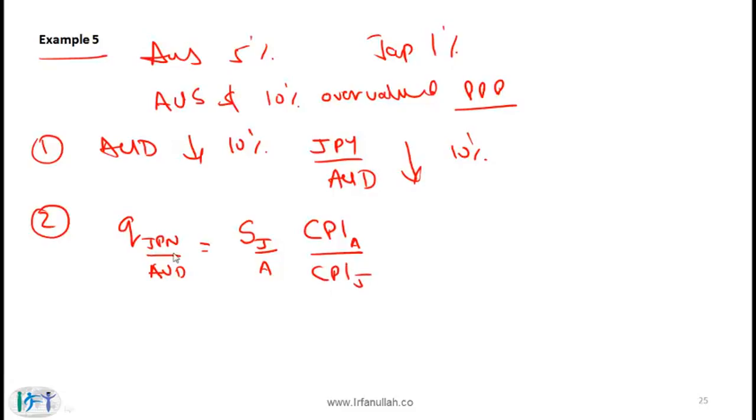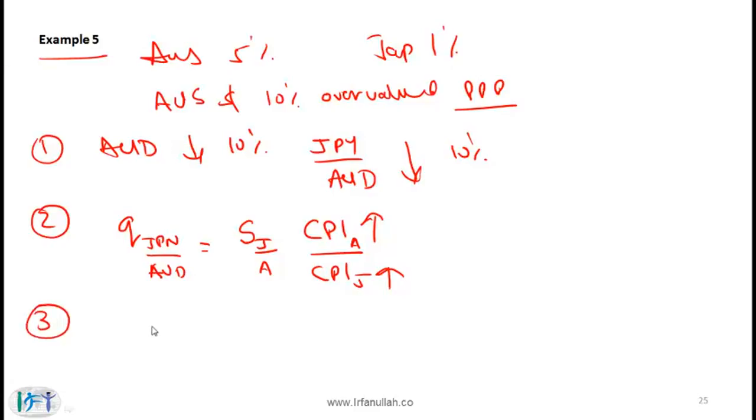So this is one of the relationships I asked you to memorize on an earlier slide. If both price levels are going up, then essentially the exchange rate will not change. So the change in real exchange rate is going to be 0% because we are told that both the CPIs are changing by the same amount. All else equal means that the nominal exchange rate is not changing.